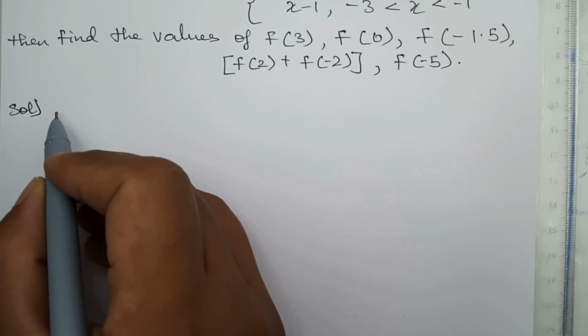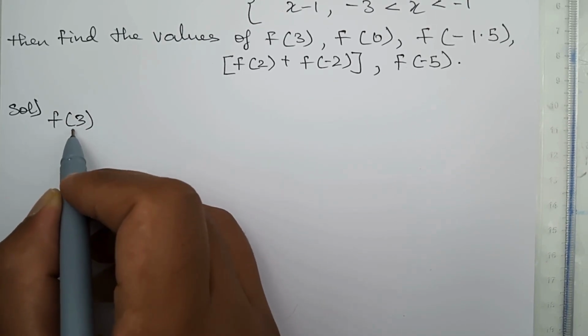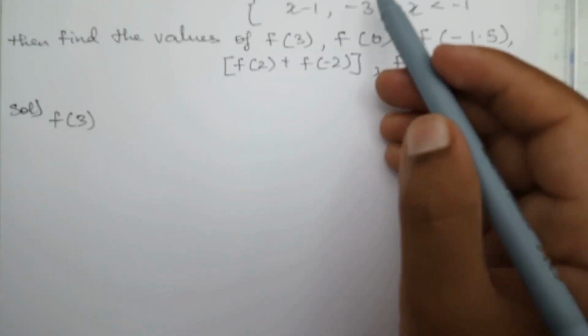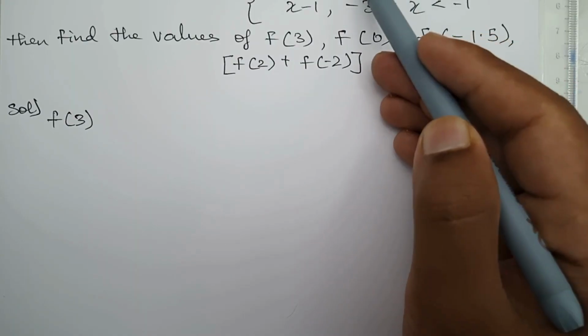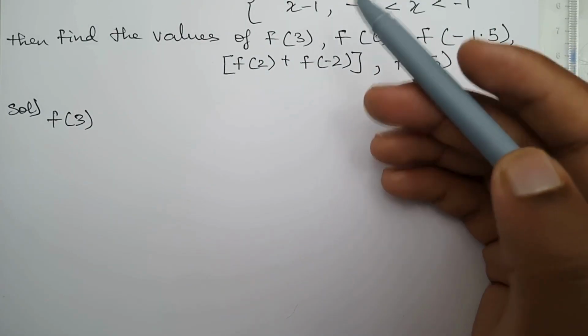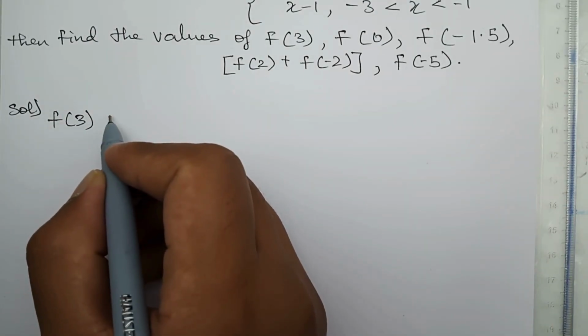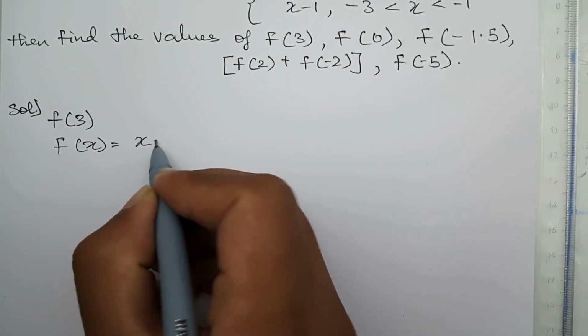The first one, f of 3. Where will we get 3? 1 is less than x, in this condition, means x can be 1, 2, 3 until the end. So we can take here f of x is equal to x plus 2.